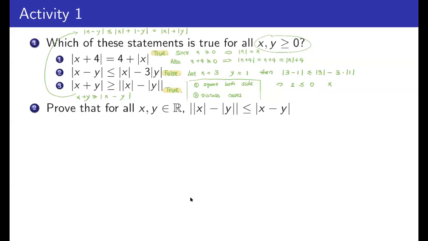And we know both are greater than or equal to 0, so that's going to give you x plus y. So eventually you get this is less than or equal to this, which is the same as this. Does that make sense?